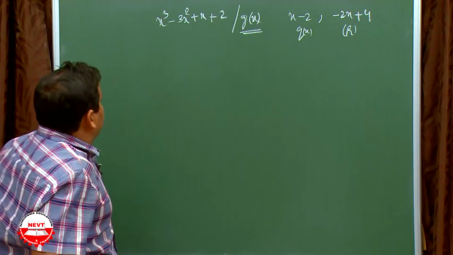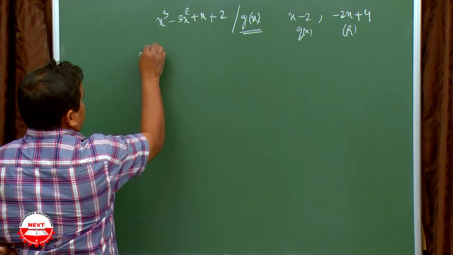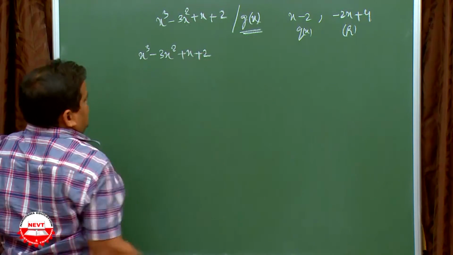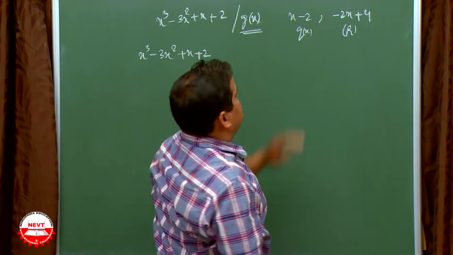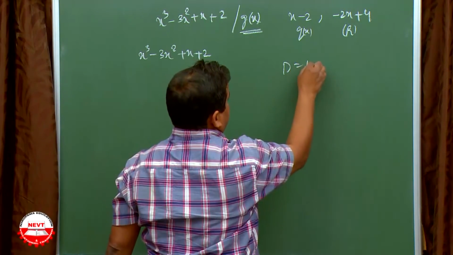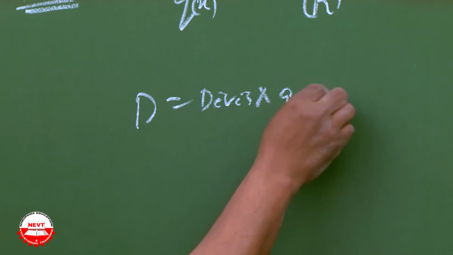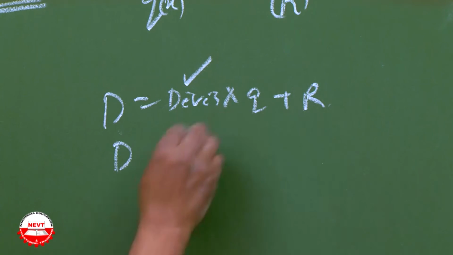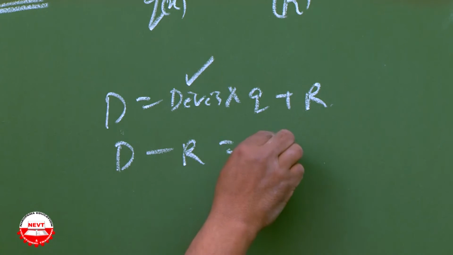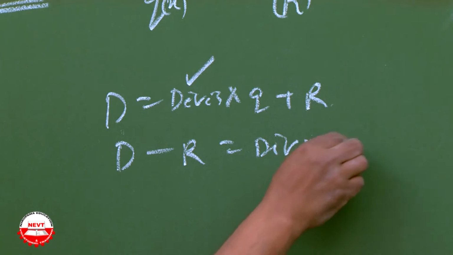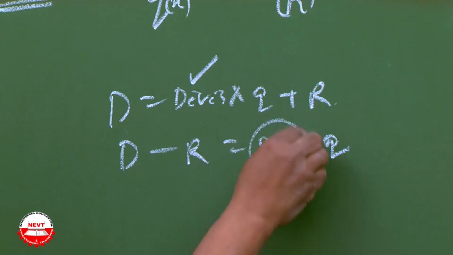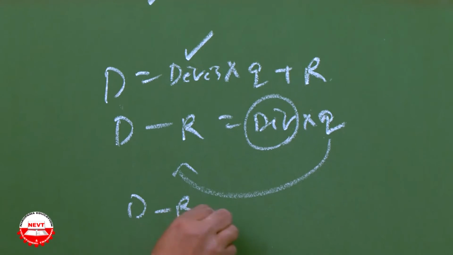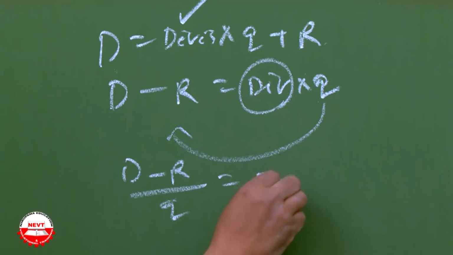So how to find the divisor? Dividend minus remainder is equal to divisor into quotient. Your aim is to find the divisor, so divide by the quotient. That means (dividend − remainder)/quotient is equal to divisor.